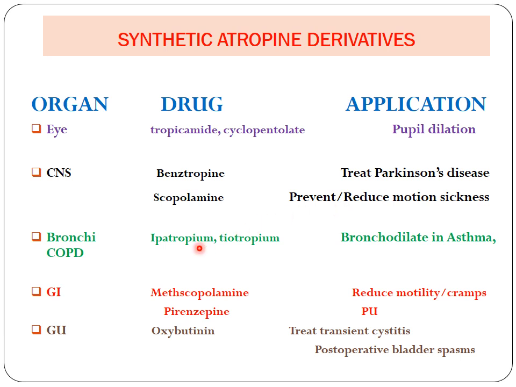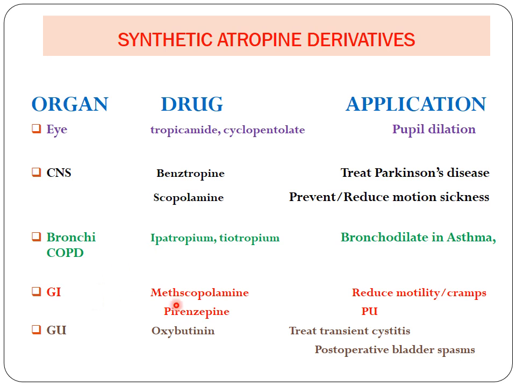In the respiratory system, we have ipratropium and tiotropium. Both of them are atropine derivatives. They are going to induce bronchodilation. They are the drugs of choice in the treatment of COPD and asthma, especially in patients with cardiac problems, because they induce bronchodilation and decrease respiratory secretion.